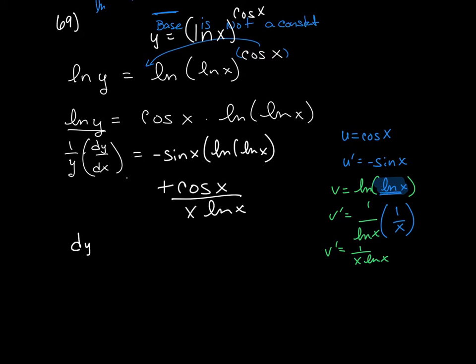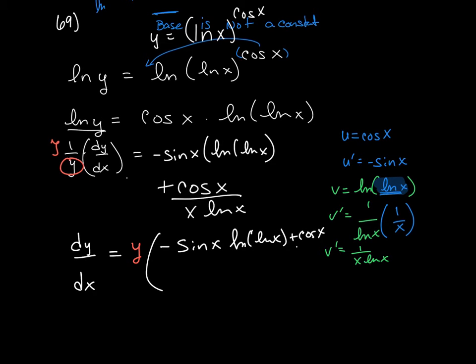So dy dx is equal to, I'm taking this y, multiplying it times both sides. And then in here I just have minus the sine of x ln of the ln of x plus cosine of x over x ln of x.